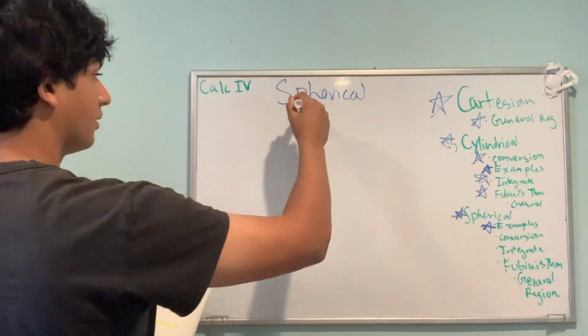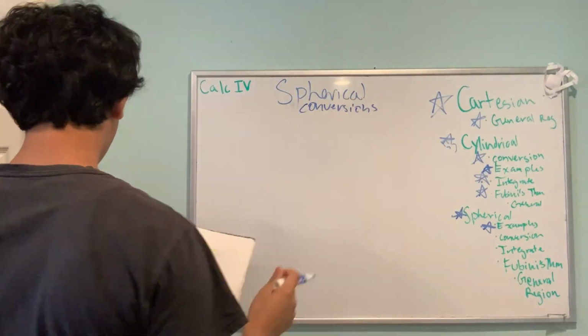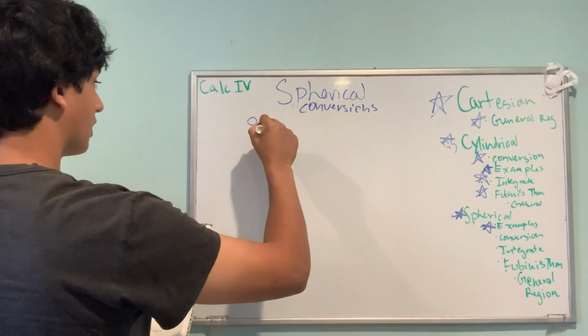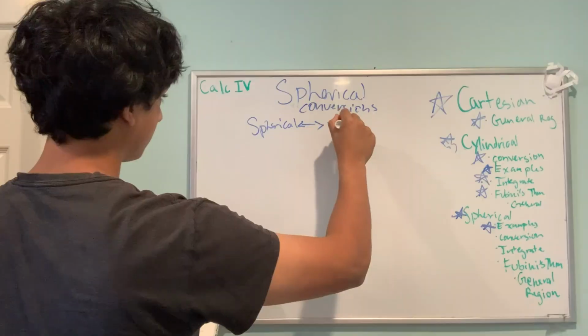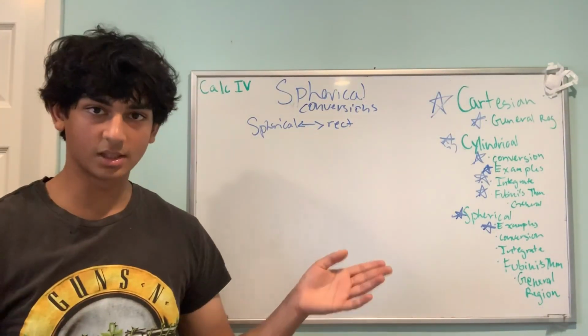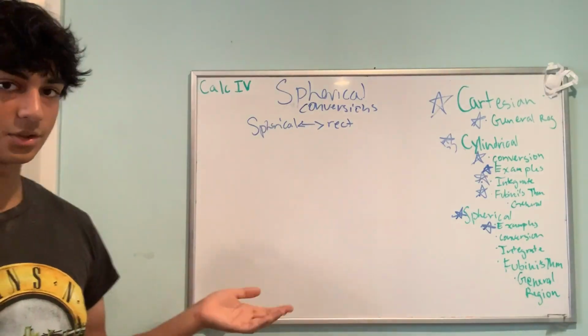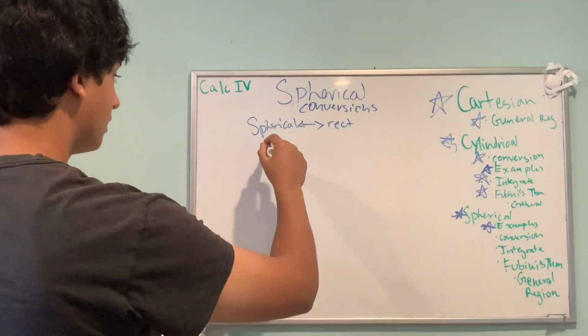Now for some conversions. Let's start with spherical to rectangular, which is the Cartesian coordinate plane. And then we'll get to cylindrical and spherical, because that is also very important to know. So let's start with this.